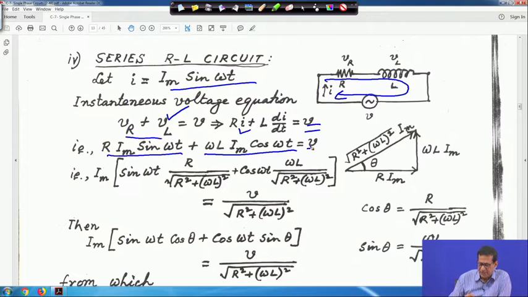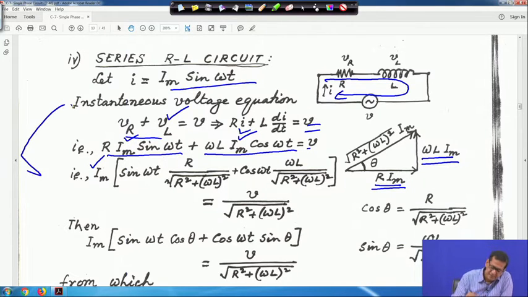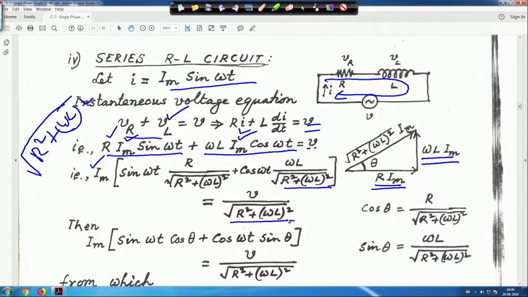Then you take Im common. So Im is here, then this is your R and this is your omega L. In general, if you take Im common, the coefficients are R and omega L, so you get root over R square plus omega L square.